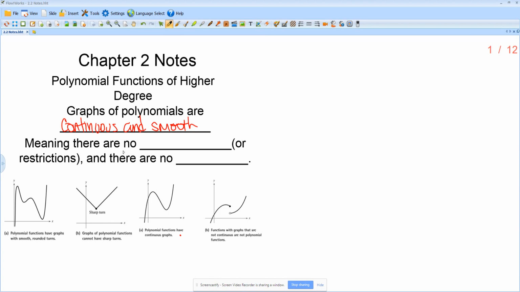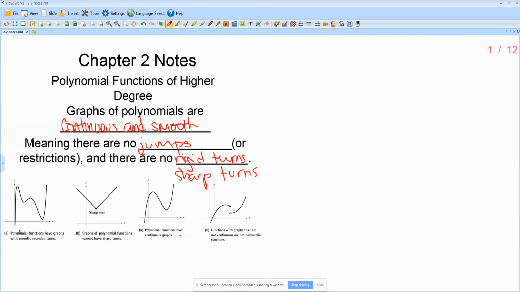So meaning, when we talk about continuity, there are no jumps, or domain restrictions, and there are no rigid curves or rigid turns or sharp turns. And that's the idea of smooth. So continuous, meaning there's no jumps. I could draw this graph without picking up my pen, and there's no restrictions, and there are no rigid turns.